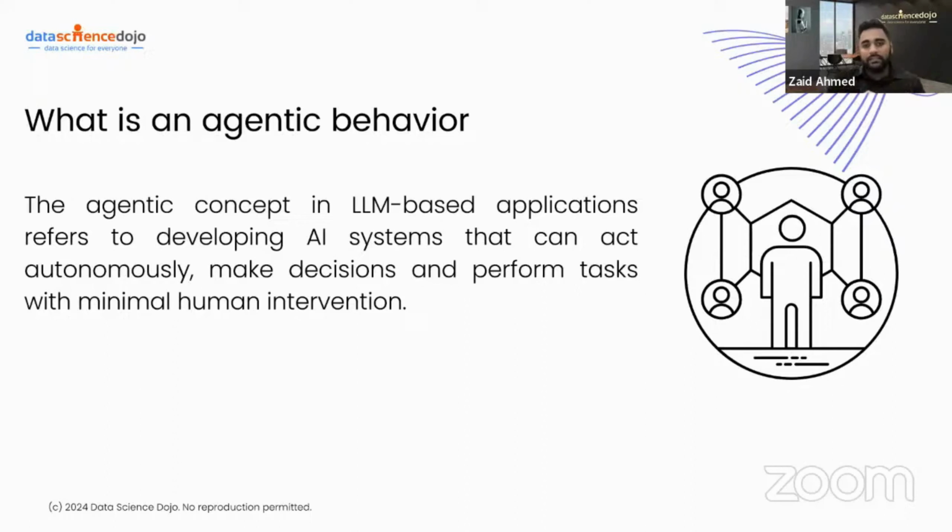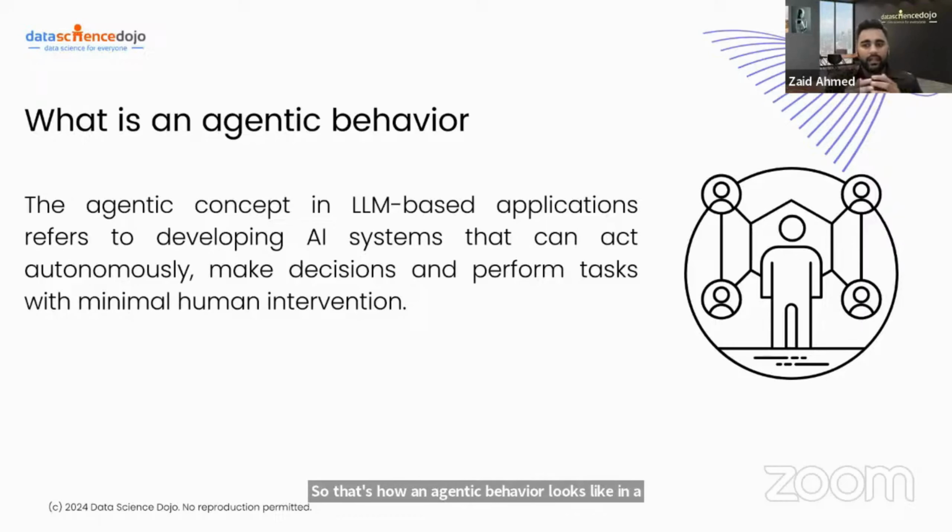So an agent that can have multiple scenarios catered out for you, just like you have your personal assistant or a legal assistant or an advisor that can work your way through legal issues. That's how an agentic behavior looks in the concept of LLM-based applications.